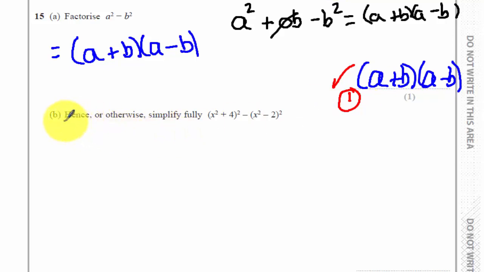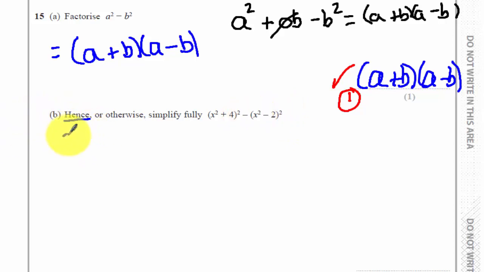Part B. Hence, and there's a really important word there. Hence means use the information you've already come up with in part A to help you, or otherwise, because there are other ways of doing it. Simplify fully this. And again, you can notice it's the difference of two squares. x squared plus 4 all squared is a square number. x squared minus 2 all squared is a square number, and there's a difference here.